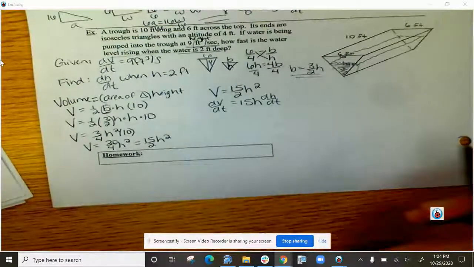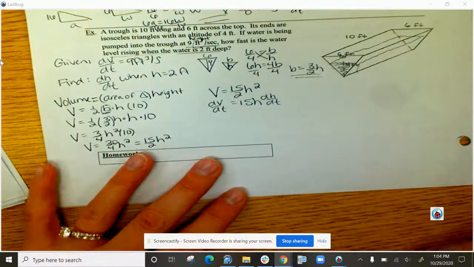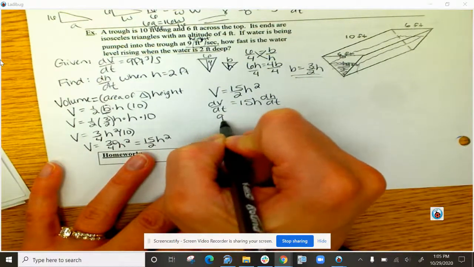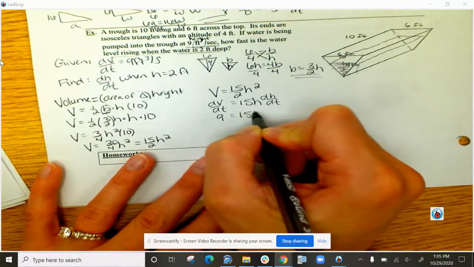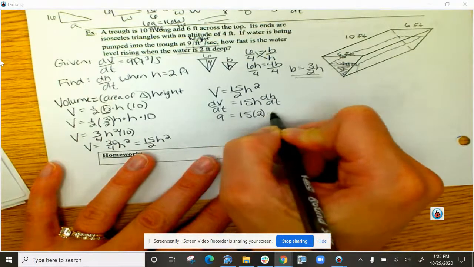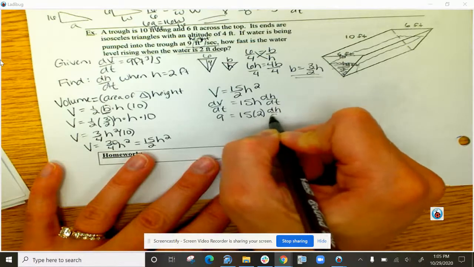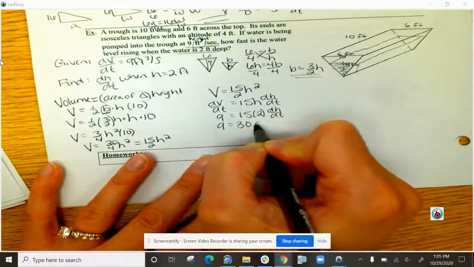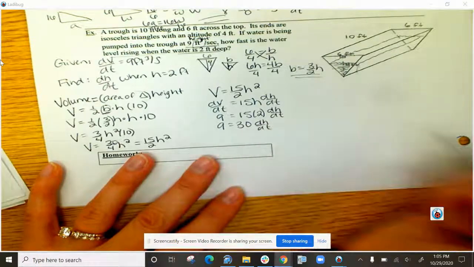All right. I think I can start plugging some stuff in here. I know dV/dt is 9, so I'm going to replace that with 9 times 15 h is 2. And then I still have dh/dt. So this is 9 equals 30 dh/dt.